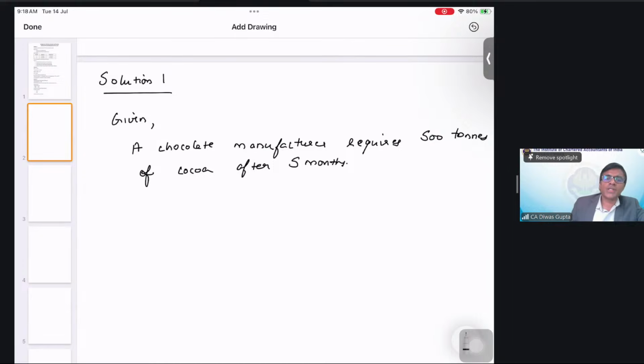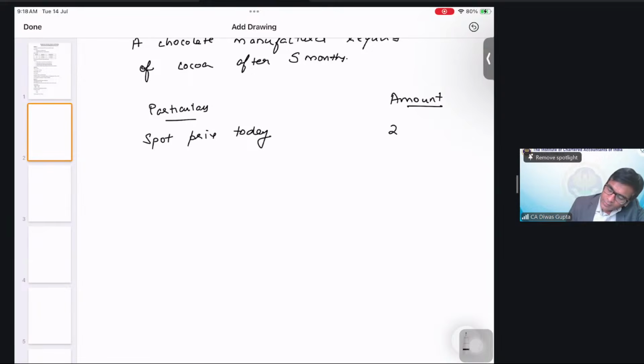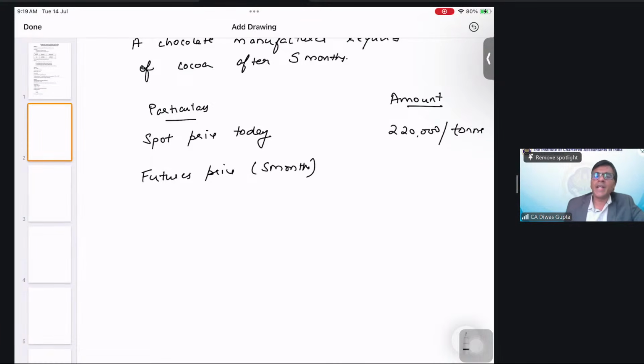This is what the situation is, and hence, what extra has been given to us? Spot price today is 2,20,000 per ton, and the futures price for 5 months futures trading as on today is 2,28,000 per ton.